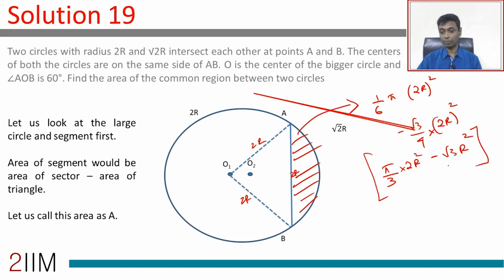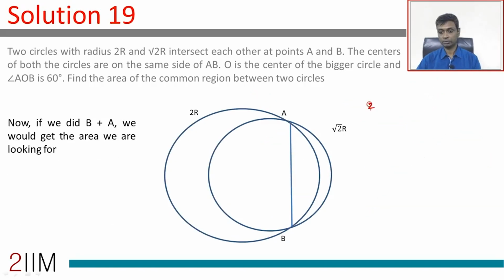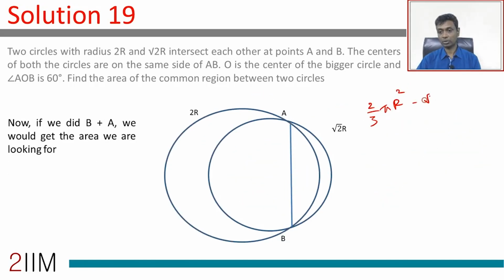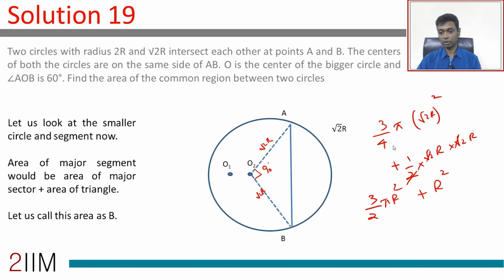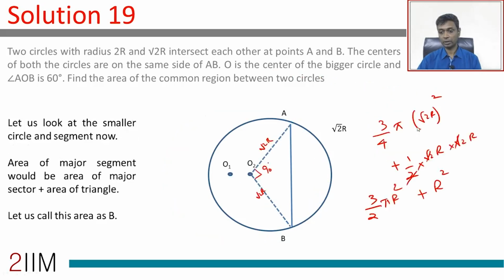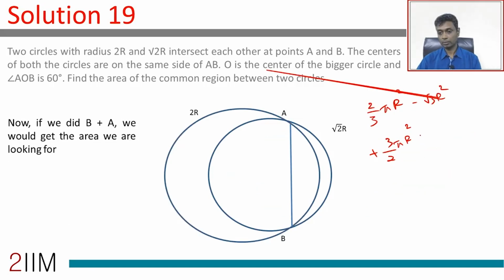So we're going to add up 2 by 3 pi r square minus root 3 r square plus 3 by 2 pi r square plus r square.